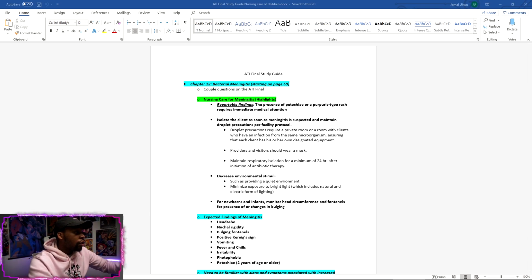I know it doesn't show right here because my webcam is in the way, but there are 26 pages of information within this document. If you want this, again, you're talking to a person that got the level 3, hit me up in my email, leave a comment in the comment section, and I got y'all. I'm going to hook y'all up.